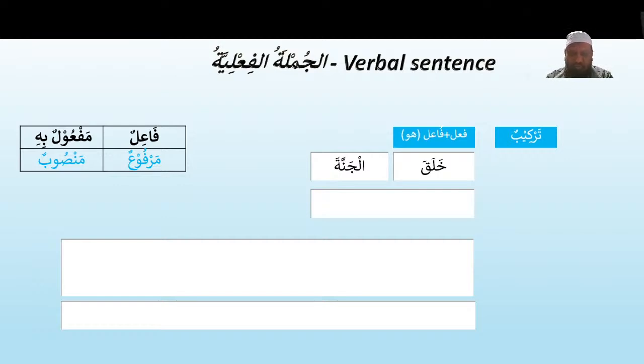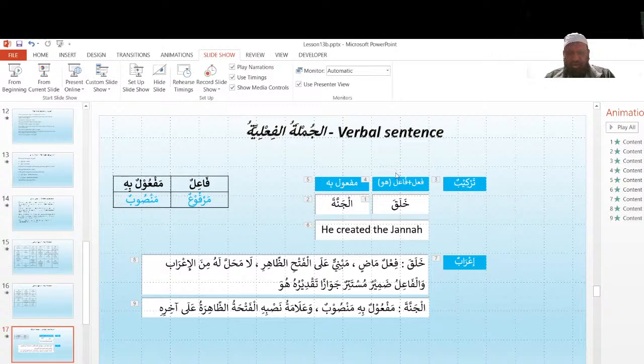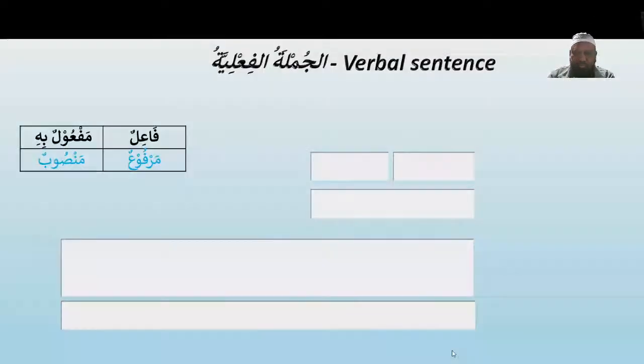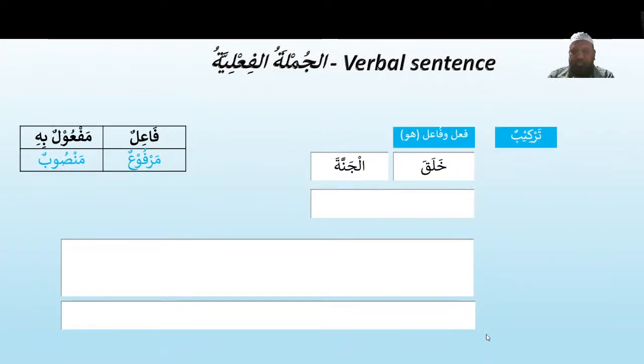Let's take the plus out, or you can say wa. خلق فعل وفاعل.